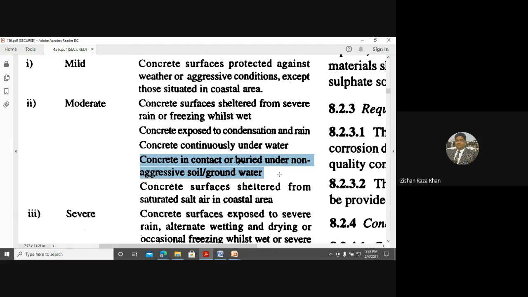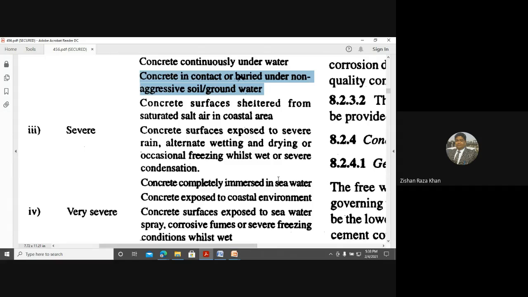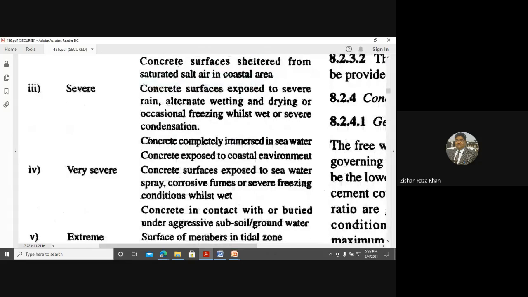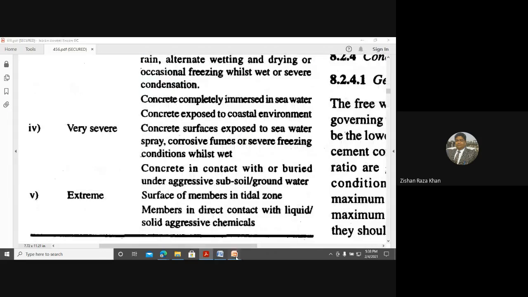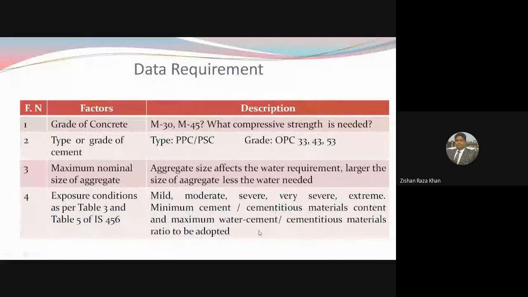So it is quite safe to assume moderate conditions for the Lucknow region. You can read out what severe, very severe and extreme conditions mean. Based on the site conditions, we can choose which exposure condition should be selected.